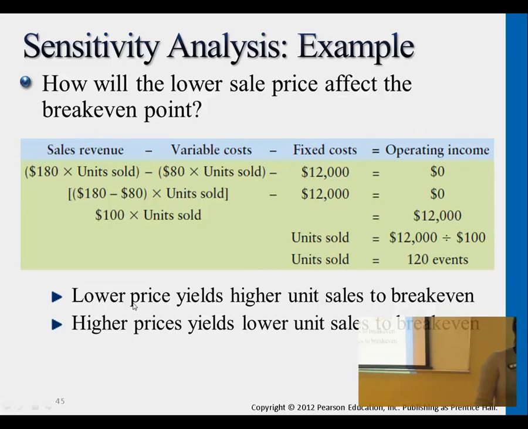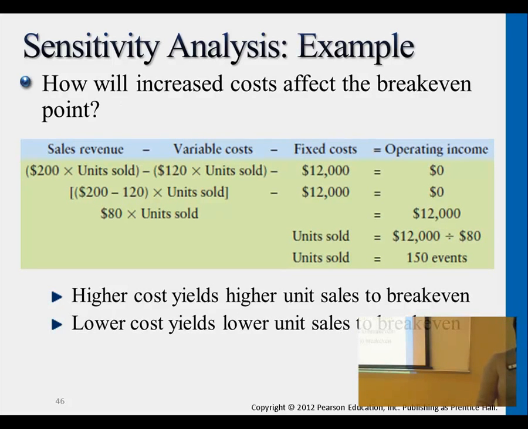First, lower price yields higher unit sales to break even, and higher price yields lower unit sales to break even. What does it mean? It means that a lower sale price practically states that each event contributes less toward our fixed cost. So let's go over these two in more detail.